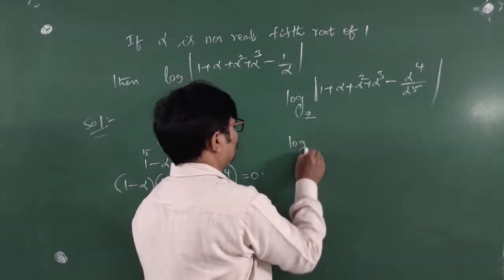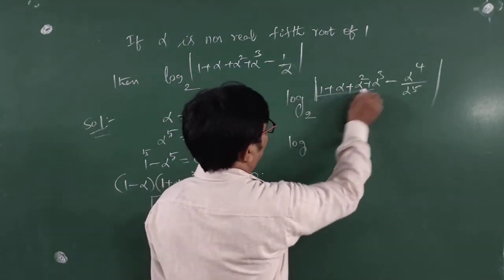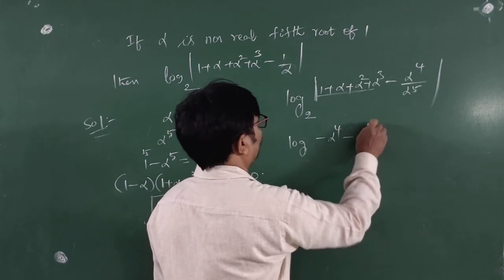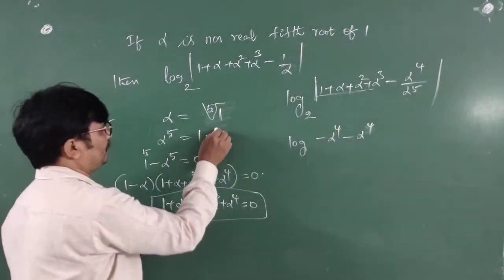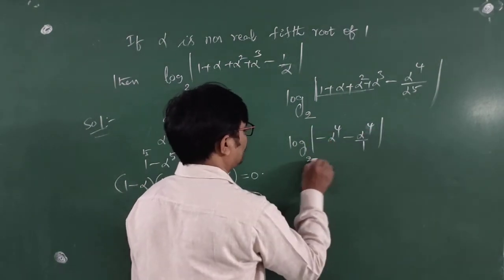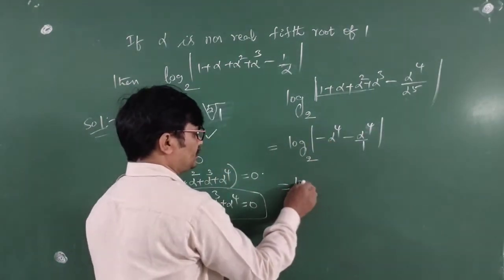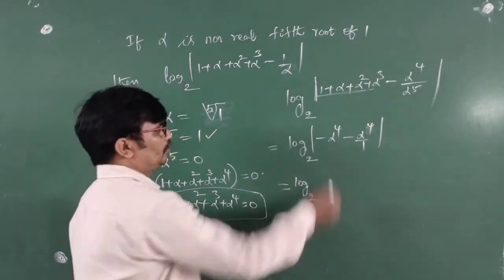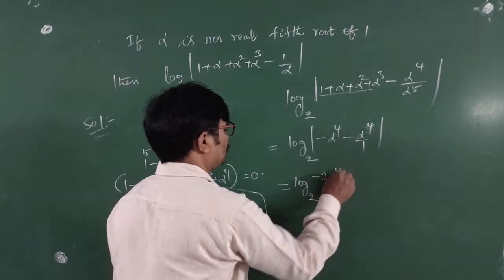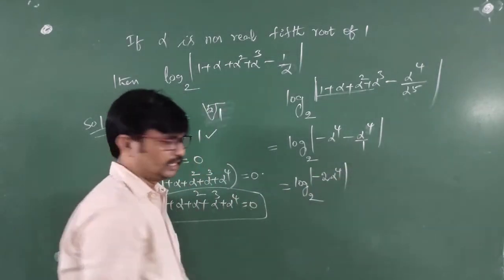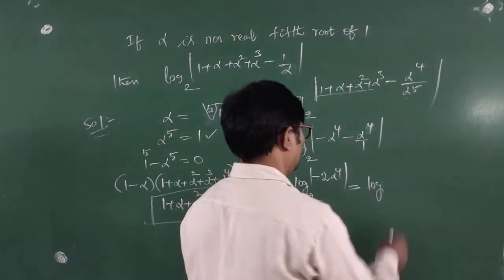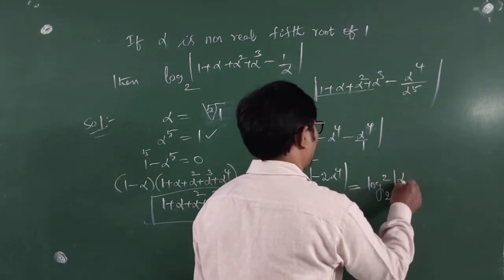So the logarithm of this will be minus alpha power 4 upon alpha power 5, which is 1. Now with base 2, we can write logarithm base 2 of minus alpha power 4, that is minus 2 alpha power 4, in modulus. Now we can write this as log base 2 of mod of 2 alpha power 4.